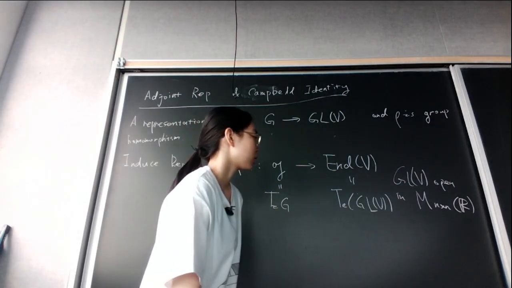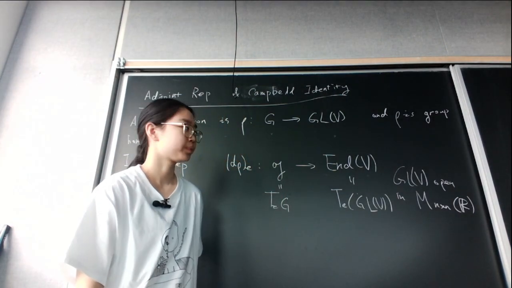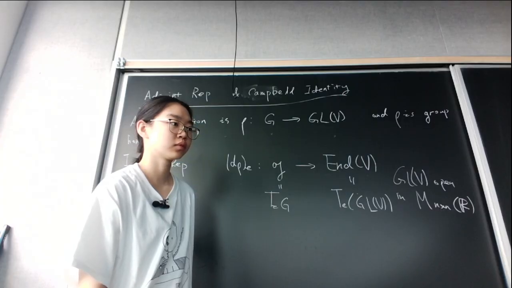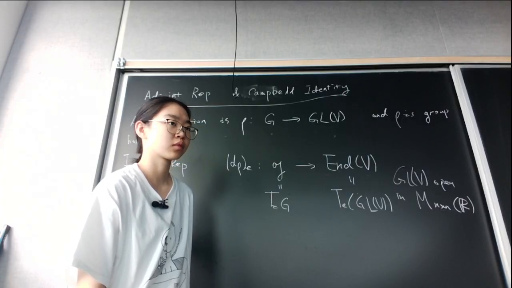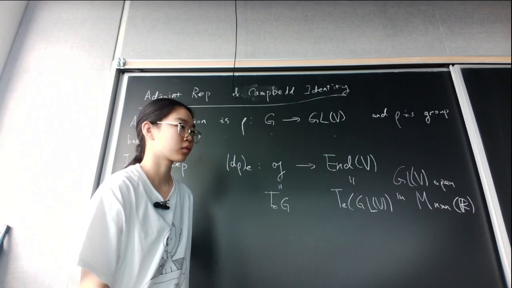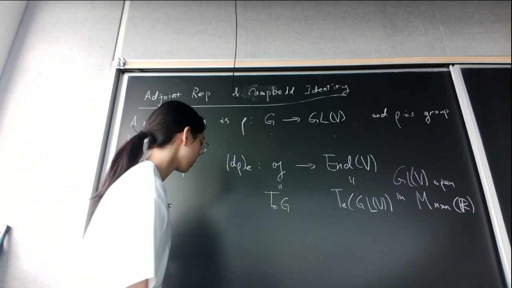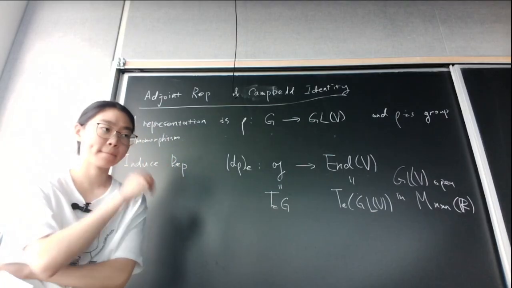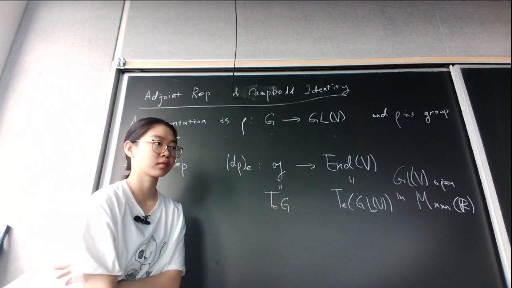Okay, so GL(V) is open. Why? So remember, if you want to check if a matrix is invertible, how would you do this computation? You compute the determinant is non-zero. So suppose you have something where the determinant is non-zero, and you want to show that some set is open, right?